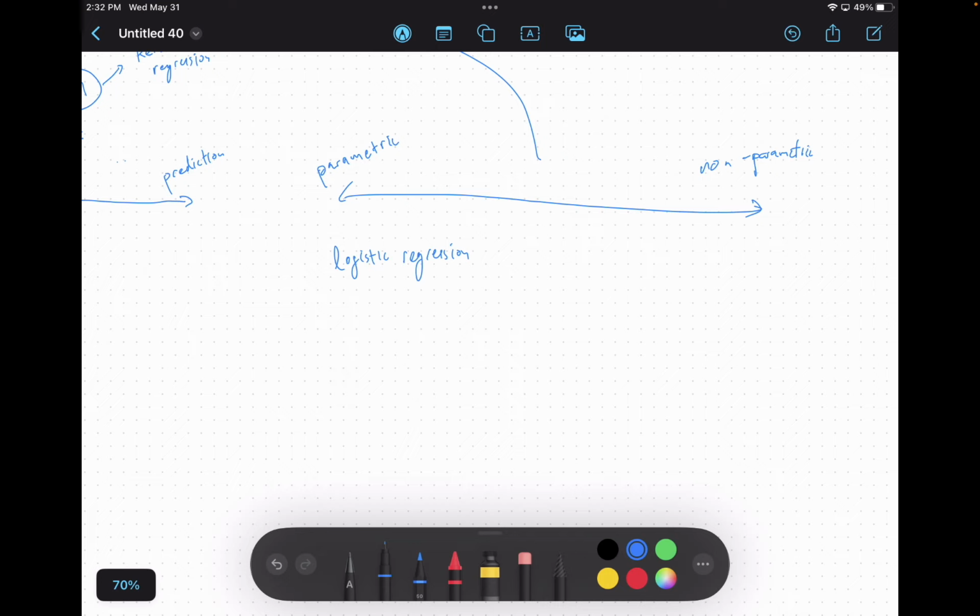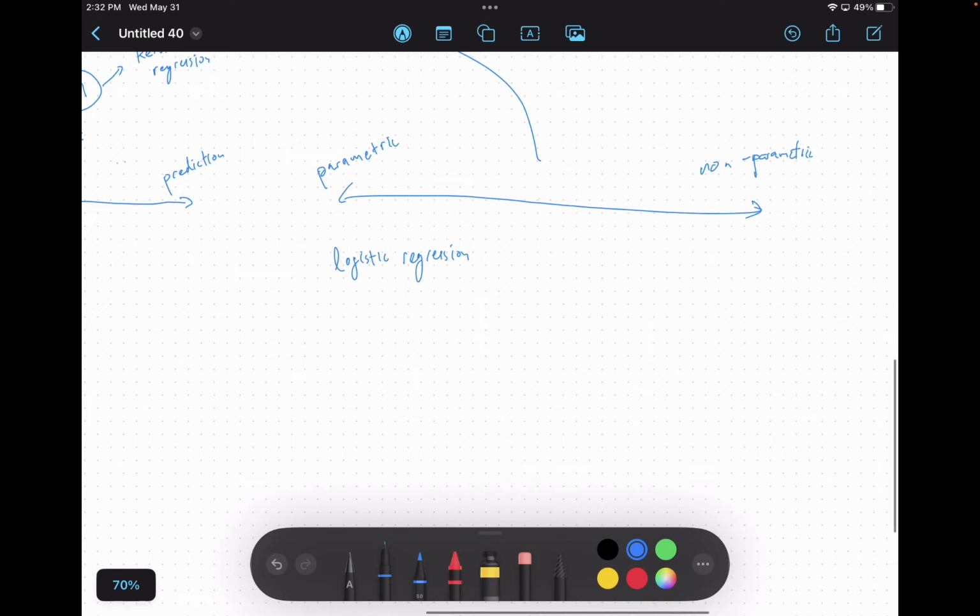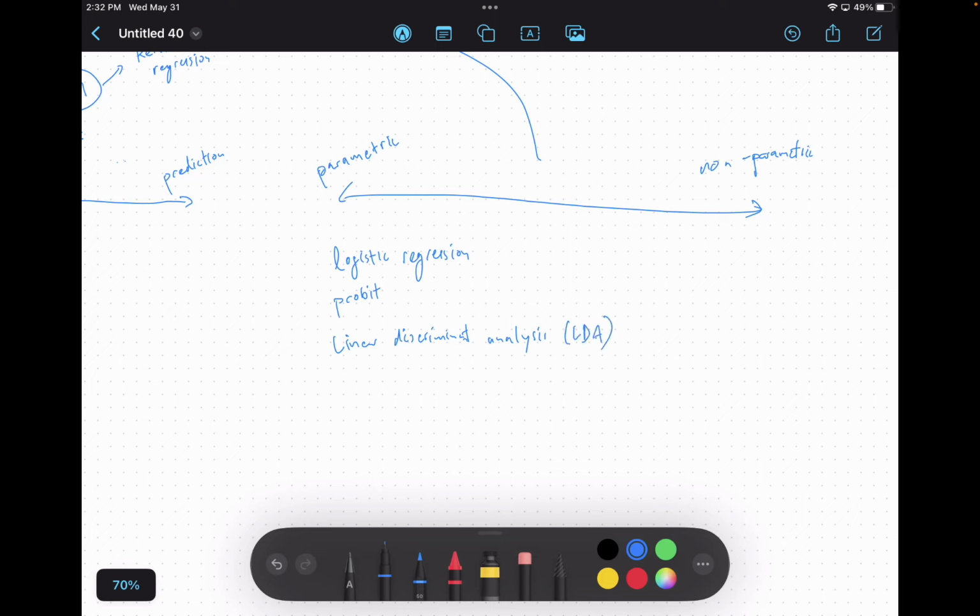Well, okay, yes, probit is a version of that. The other one that I'm thinking of is the linear discriminant analysis. This is the LDA. And so I would put all of these guys on the same scale.